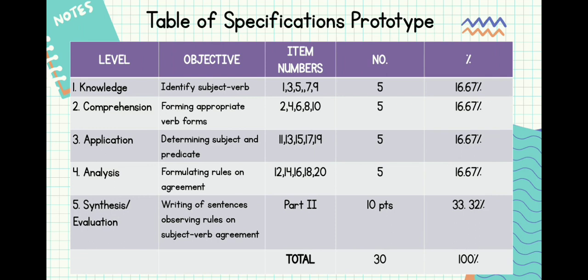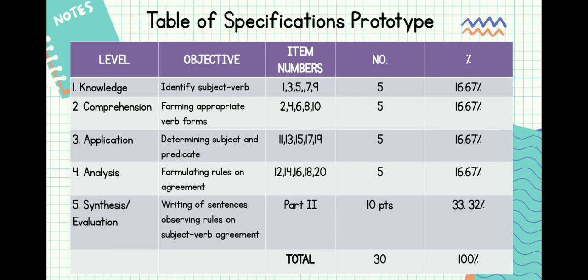The first 4 levels of Bloom's taxonomy are equally represented in the test. While application is tested through essay, it is weighted equivalent to 10 points, or double the weight given to any of the first 4 levels. The table of specifications guides the teacher in formulating the test.